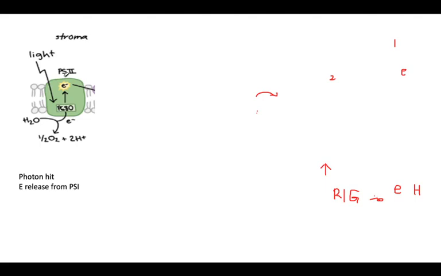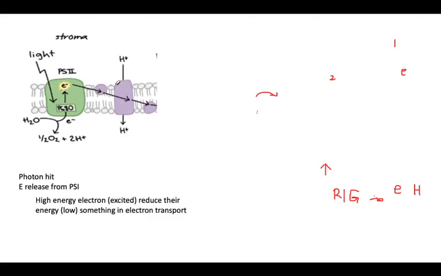These electrons are released from here, and the message is communicated to step 2 that the high energy electron is excited and its energy reduces during the flow. Since the energy of that electron is gradually declining during the whole process, the hydrogen influx from the stroma to the lumen is observed at this portion, at step 2.